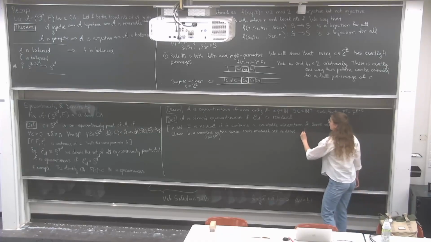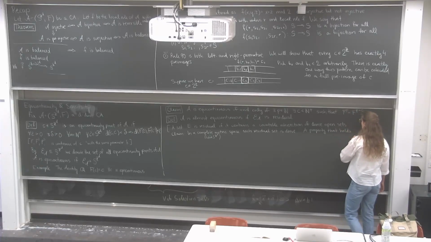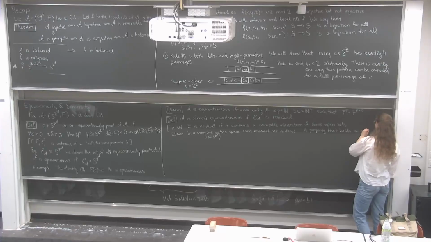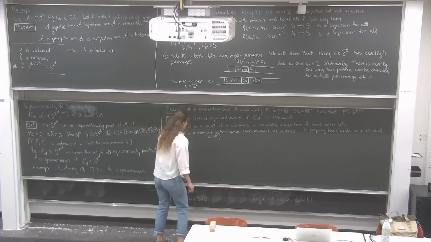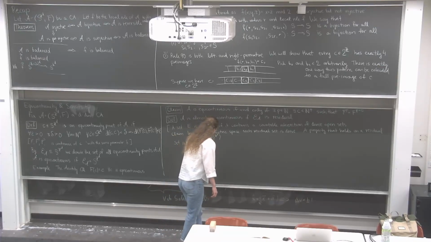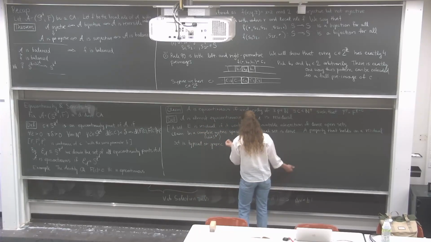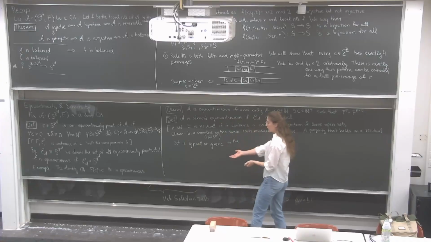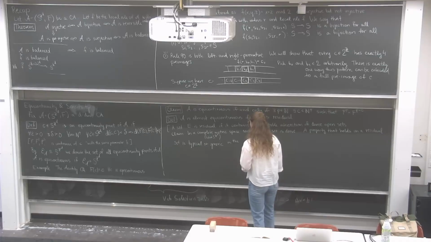And a property that holds on a residual set is, let's say, typical or generic in the topological sense, with the tools we have in a topological space. This is how we can define a property to be a typical property of the system.